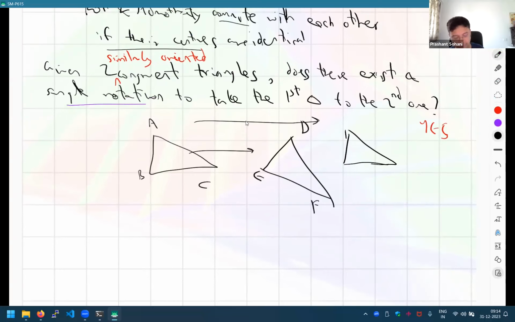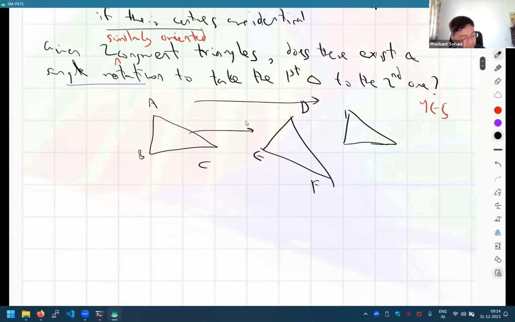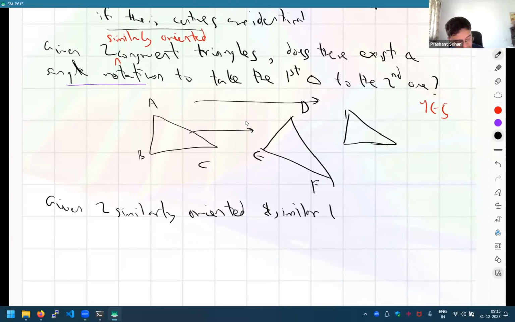A very similar thing happens for spiral homothety. Now if I give you similarly oriented similar triangles, we no longer need congruent triangles. So if I have two similarly oriented similar triangles, I can ask the same question.